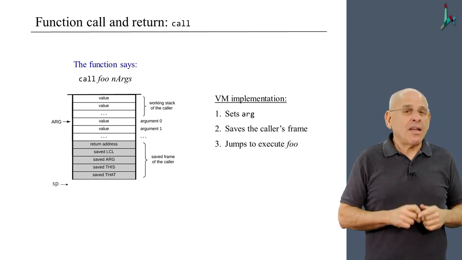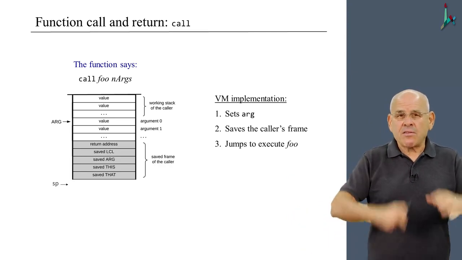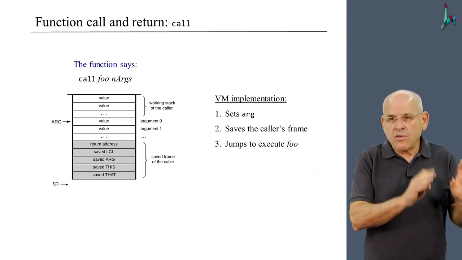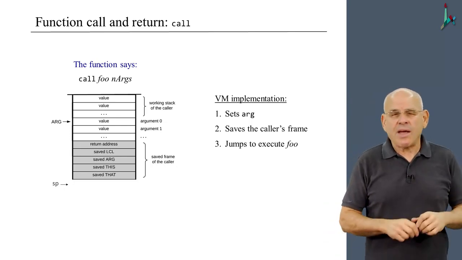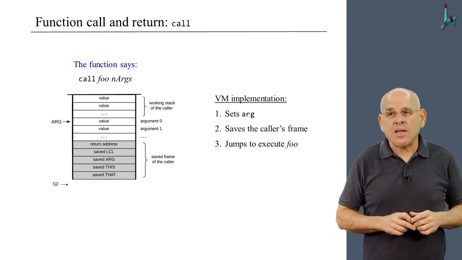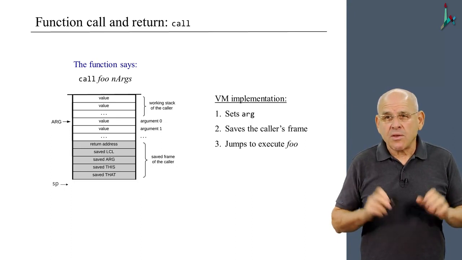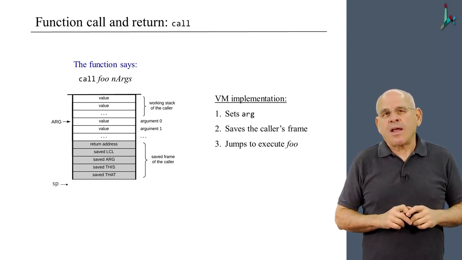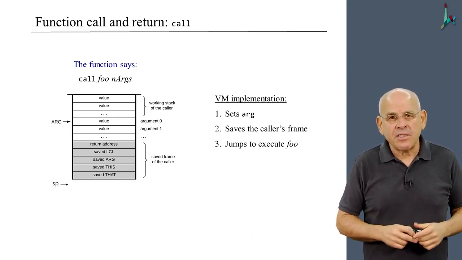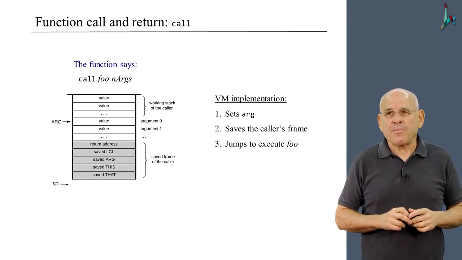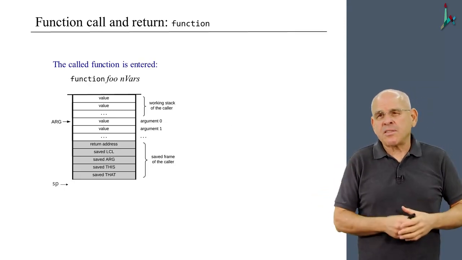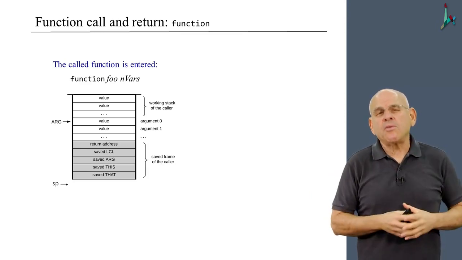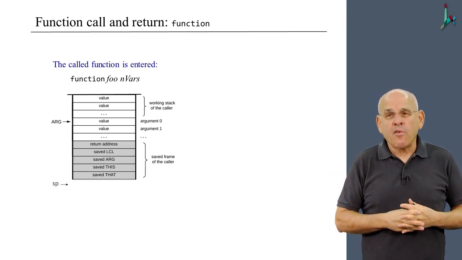Okay, the next thing that I can do is finally, after I took care to do all these very responsible things, I can happily jump to execute foo's code. So that's what I do when I have to service a call command.